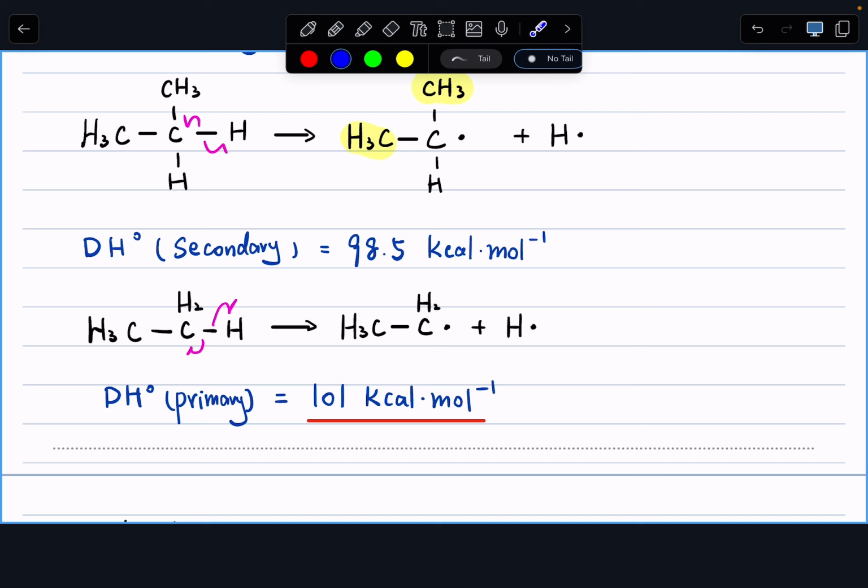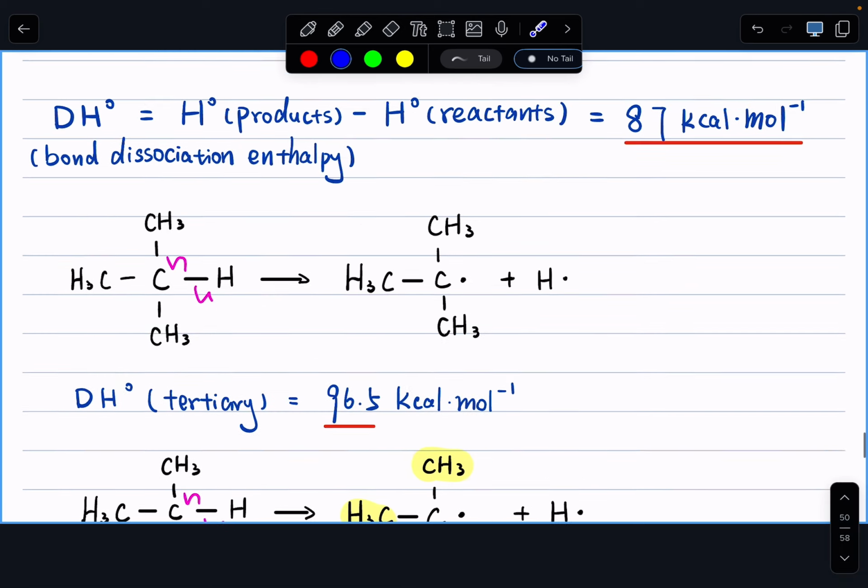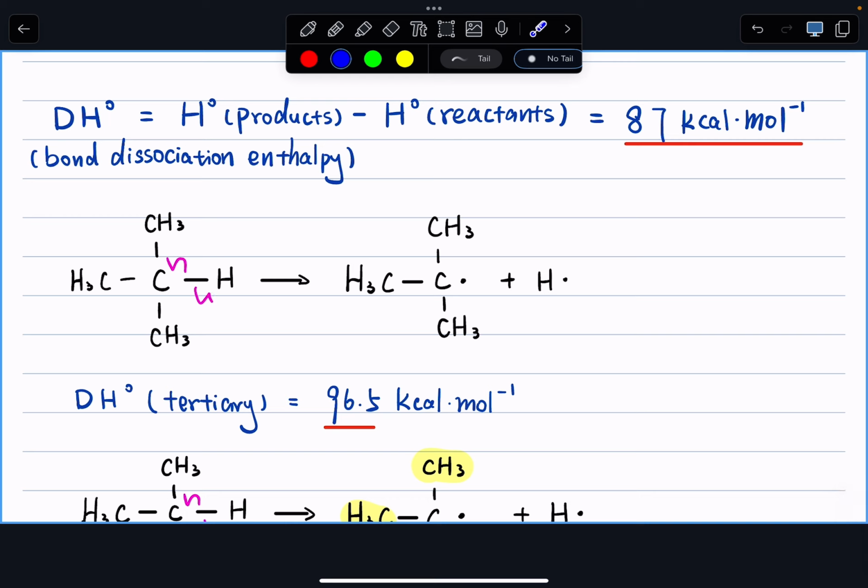For the primary, we have only one methyl group attached to that carbon, and the energy it takes to break that CH bond is even larger. So we make a distinct observation: the allylic CH bond seems to be much easier to break compared to primary, secondary, and tertiary CH bonds.